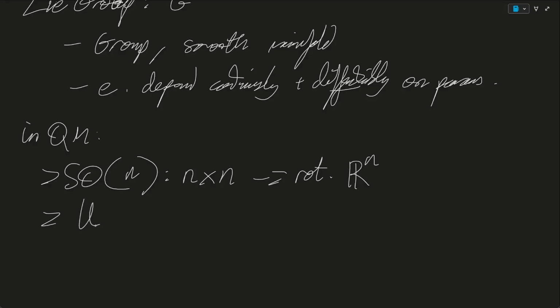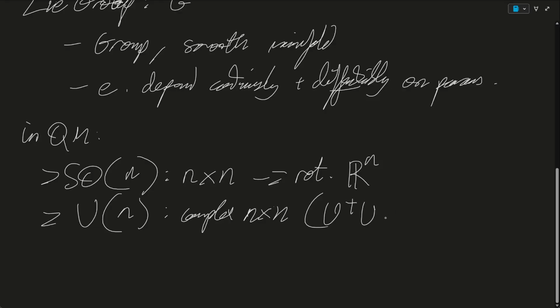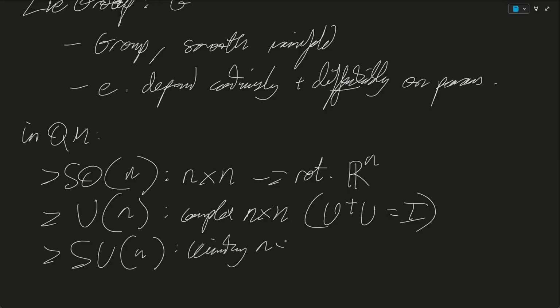And then we have U(n), a capital U to be very clear. This is the complex n by n unitary matrices, such that U† U is just the identity. And then finally we deal with SU(n), which is the unitary n by n matrices with determinant equal to 1.